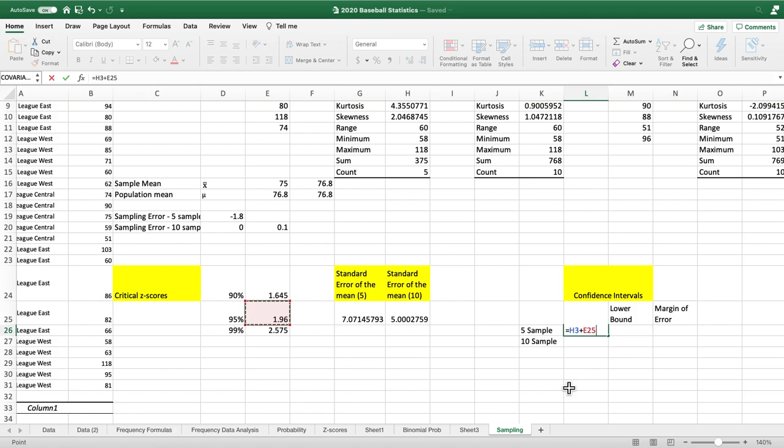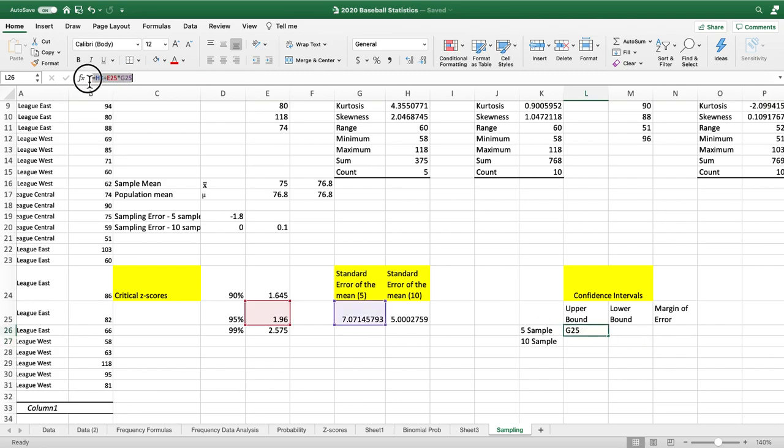After that, we multiply that z-score by our standard error of the mean that we have already calculated, so times that 7. My upper bound is going to be 88.8.